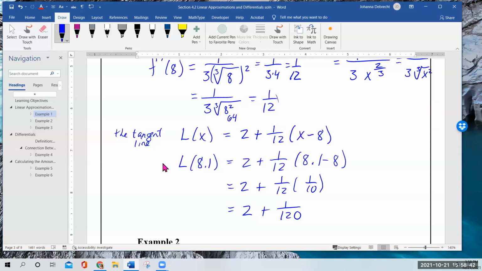The next thing you need to do is grab your calculator to see what that fraction becomes. But basically what you've done is you've approximated a cube root without ever doing the cube root itself on the calculator. 2 plus 1 over 120 comes out to be approximately, let me see, 2.08333, repeating.